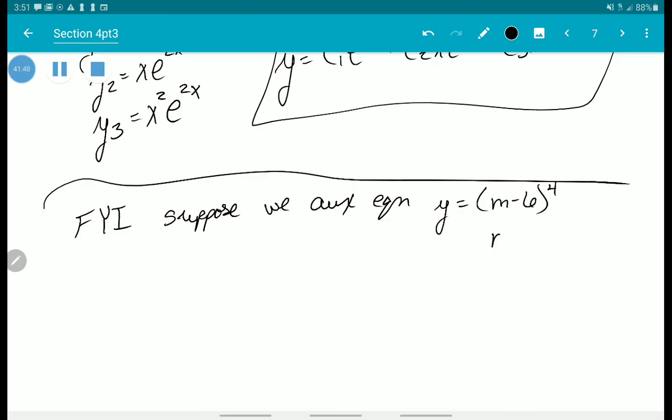So we would only get one root, which would be 6. Then our solution, since it's a 4th degree polynomial, has to have 4 solutions. This would come from an order 4 differential equation.